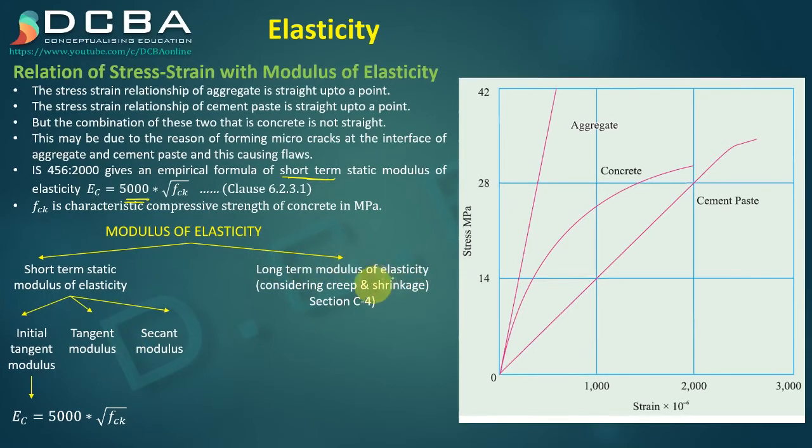Long-term modulus of elasticity will consider two criteria. It will consider creep and it will also consider shrinkage. Short-term static modulus of elasticity can be used in the beginning for the design process.